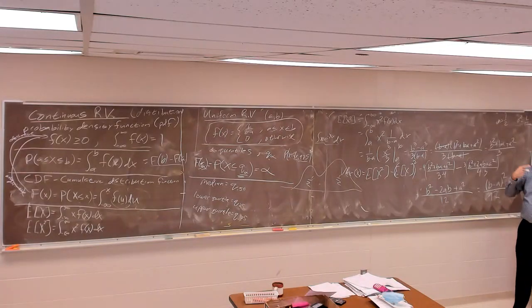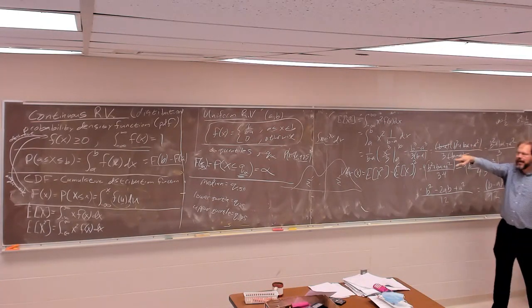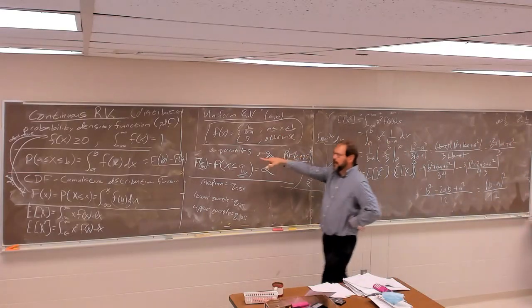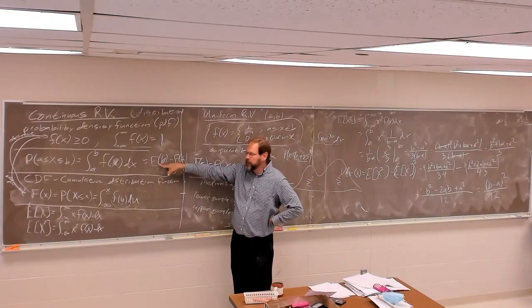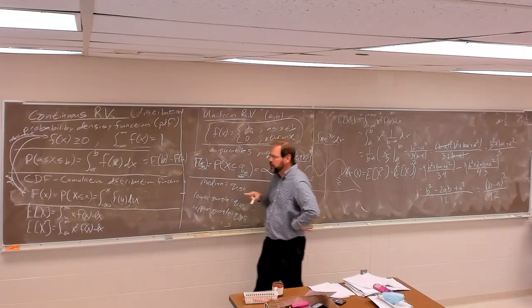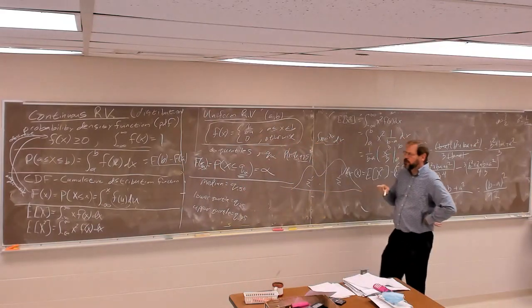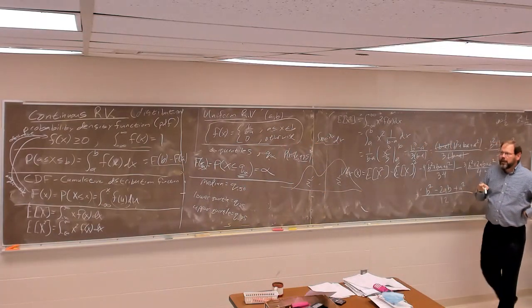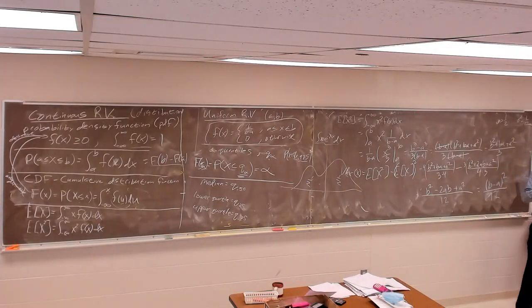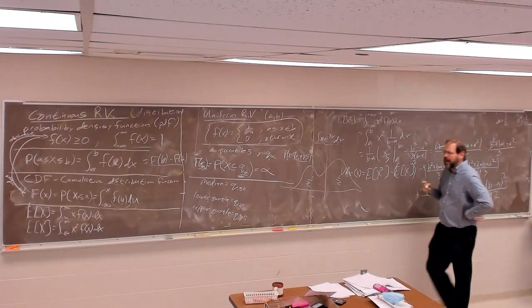So, cumulative distribution functions, much more useful, going to help us compute probabilities, especially when we can't find antiderivative functions. The normal random variable, we will not be able to find a cumulative distribution function for that. So we'll have to have tables of values and such, right, because we don't have a nice antiderivative function for that.